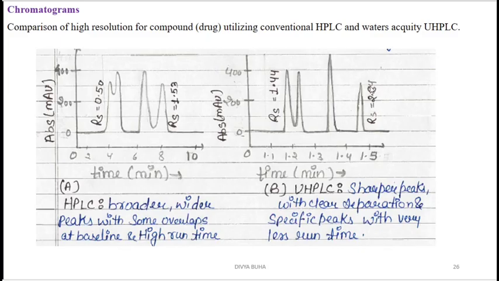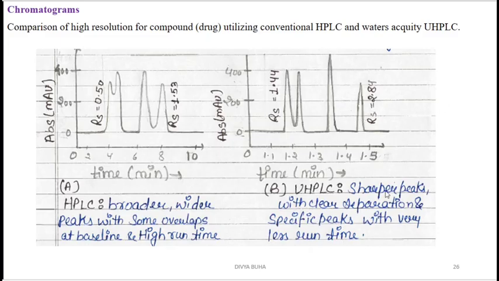Over here, since the resolution is more, that is 2.84, there is a huge gap between the two peaks and they are well separated from each other, right? And make sure that these chromatograms are for the same drug compound, wherein this peak is for this one and this peak is for this particular compound, right?